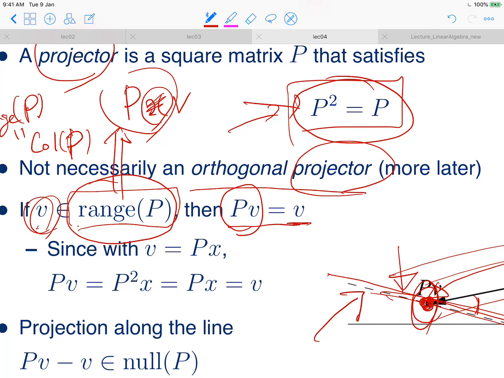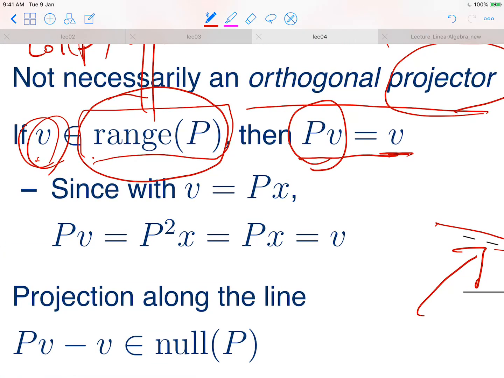Okay, so how can we prove that? So if v is inside the range of P, then v can be represented as a linear combination of the columns of P, right? It means that there should be a vector x representing v as a linear combination of the columns of P, which is Px.